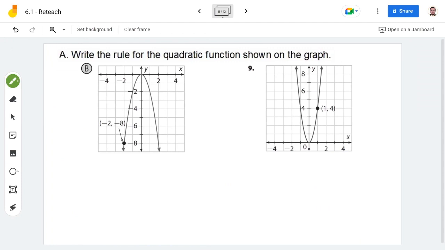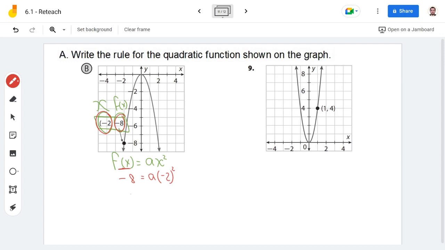Let's take one more example. Look at this one. We are going to use this point. This one is x, and this one is f of x. Now let's write the formula: f of x equal ax squared. So now f of x is equal to negative 8. Negative 8 equals a times x, and x is negative 2, times negative 2 squared.